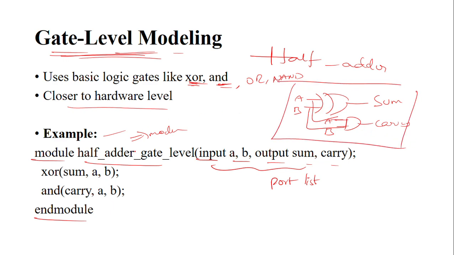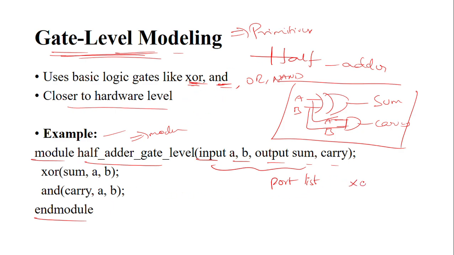So how can we represent this gate level modeling? In gate level modeling we have primitives. What are primitives? They are inbuilt modules, meaning inbuilt gates, inbuilt keywords like XOR. Primitives are nothing but inbuilt in Verilog. They have specific performance.